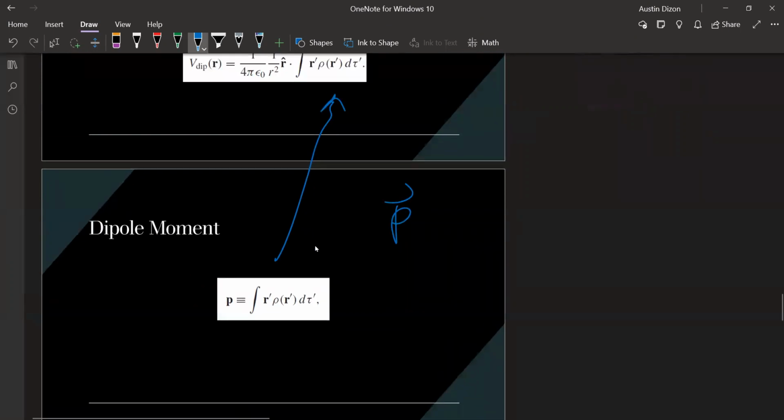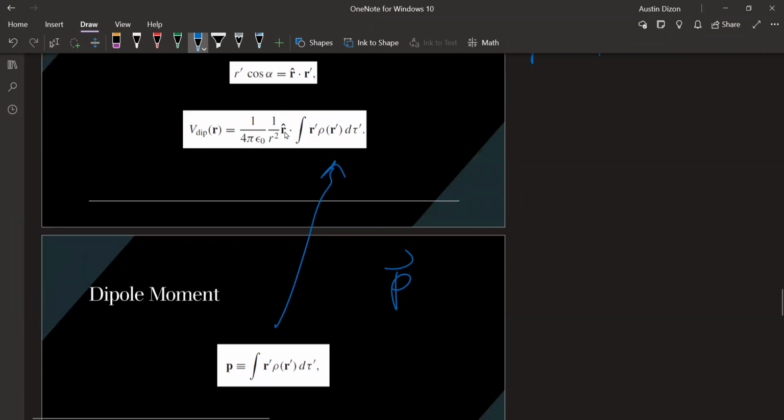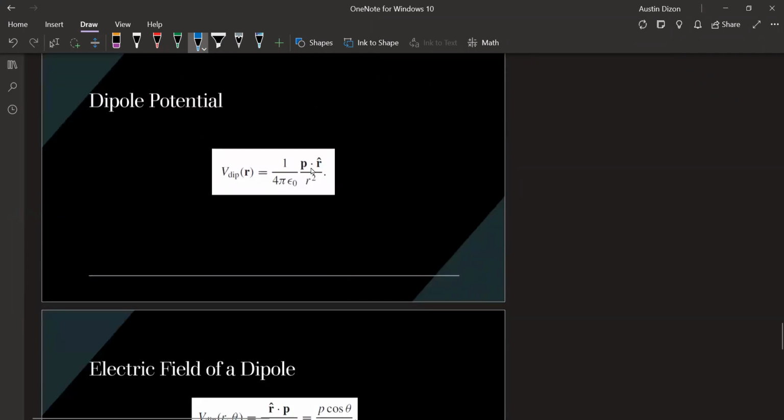So that's the dipole moment. Then you can neatly write the dipole potential as r hat dotted with P. The dot product is commutative, so you can swap them. That's the dipole potential.